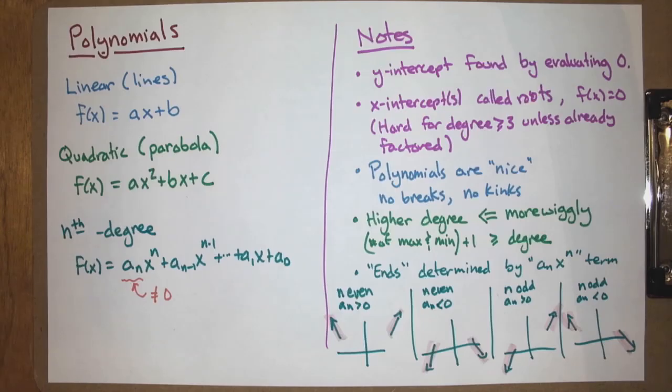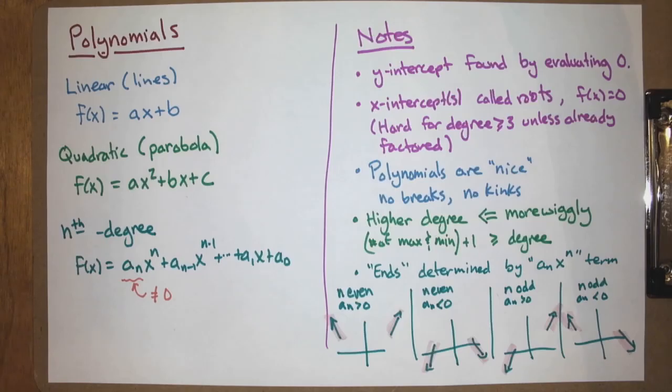Now, one of the questions you might face is, can I say something about the degree of a polynomial if I see just the graph of the polynomial? So here's what I mean by more wiggly. Look at the number of times you have a min or a max, a bottom of a bowl or a bowl turned upside down.